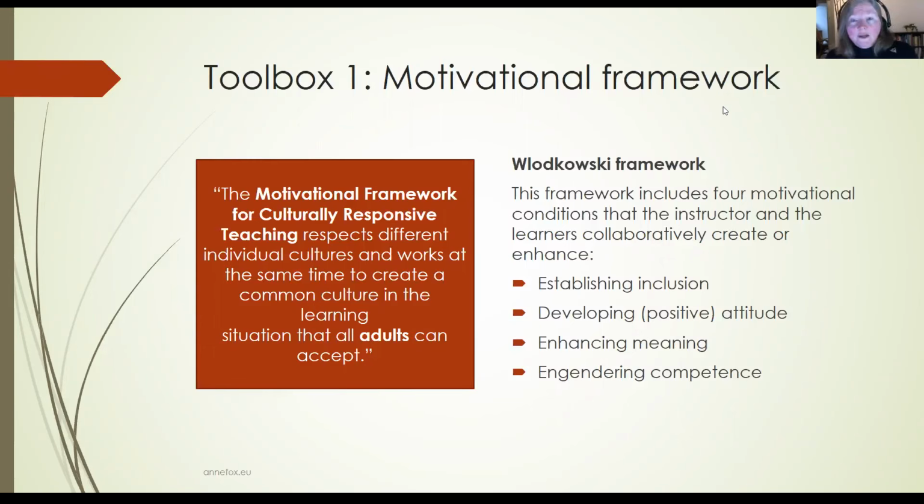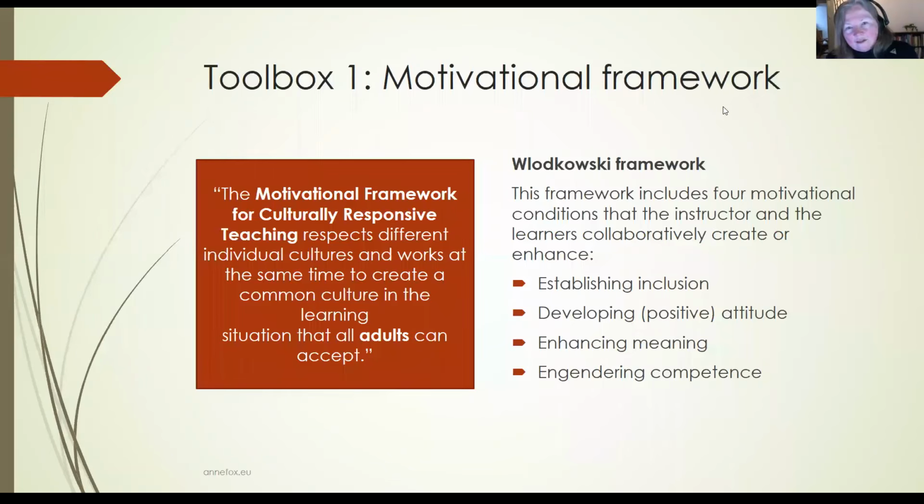Enhancing meaning is about making sure that the tasks that you give people relate to their context, so that they feel that it's important to do the tasks that you're giving them. And obviously in the school setting, this is incredibly important because in the past, school tasks have been very much distanced from the real world, if I can put it like that.